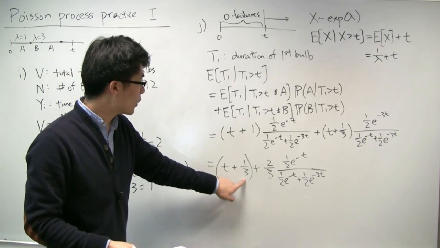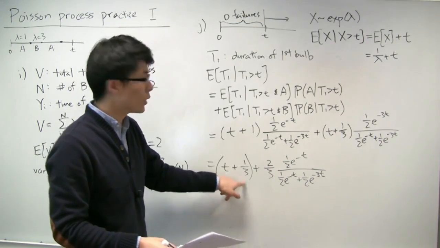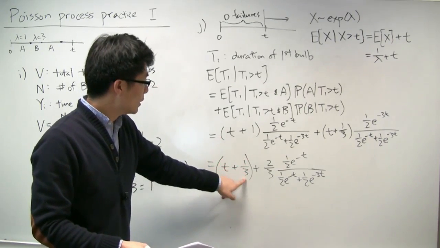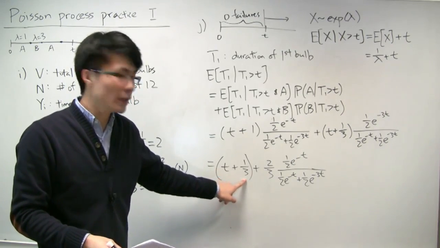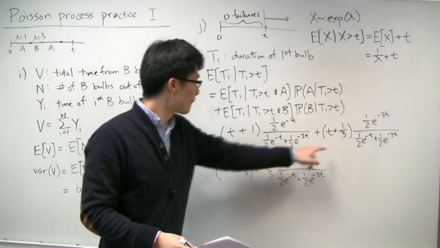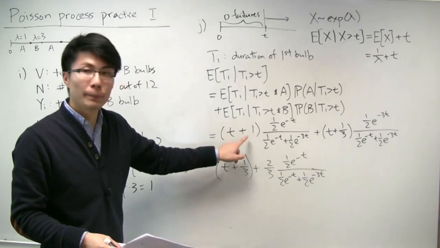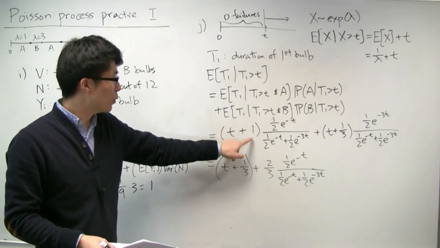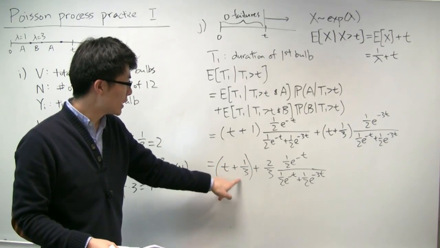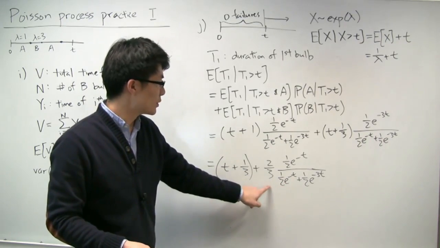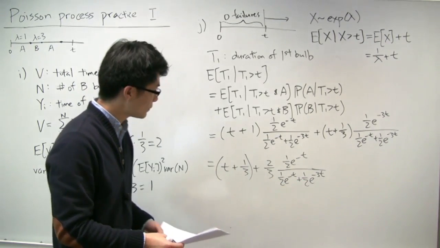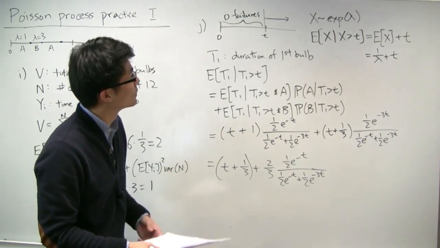Plus, there's going to be more on average, depending on what type of bulb it is. If it's a type B bulb, then on average it'll last an extra 1/3. And if it's a type A bulb, it's going to last an extra 1. So regardless, on average, it's going to last an extra 1/3. And then if it's a type A bulb, it'll last an extra 2/3 on top of that, on average. And so that gives us the final answer.